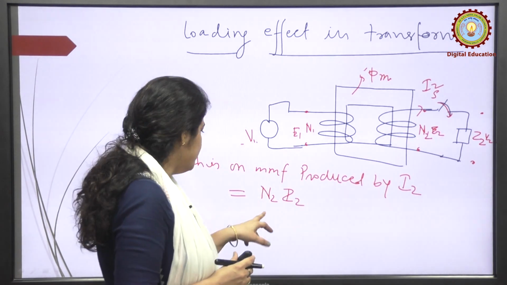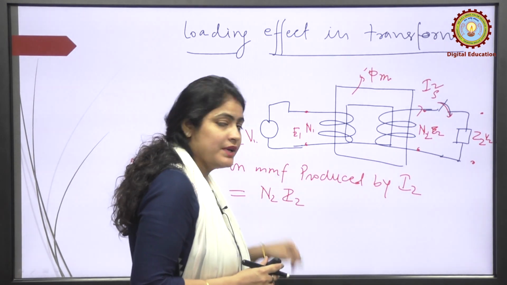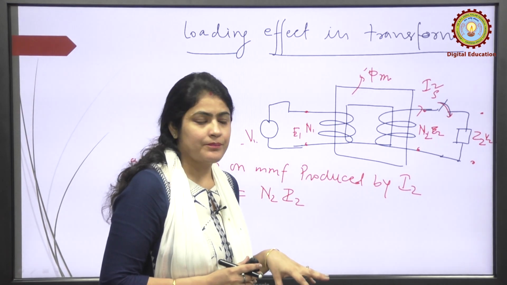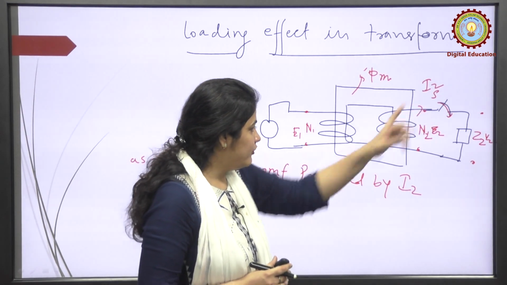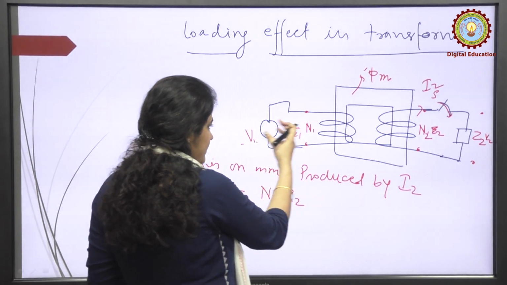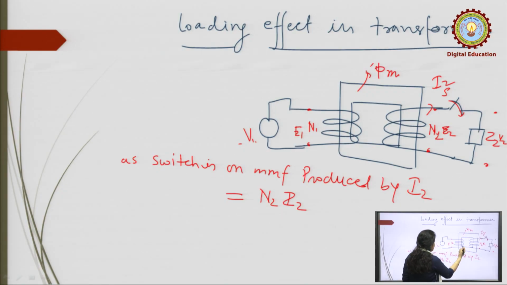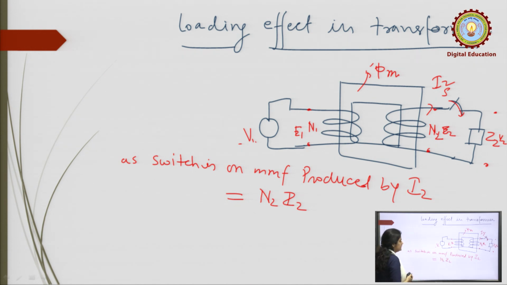So this N2 I2 must be compensated. As I2 flows, the transformer will extract more current from the source, so that the effect of N2 I2 is nullified.